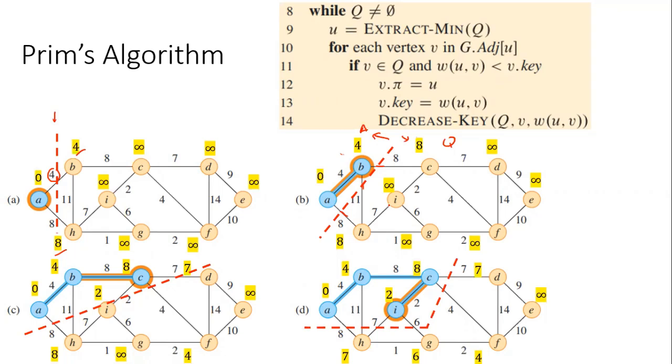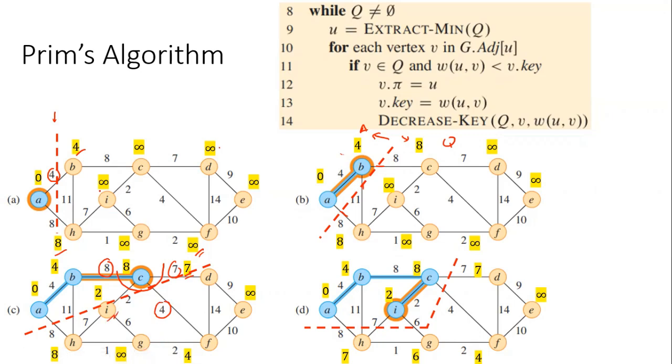Either one of them could have been picked, but in the example from the book, they've picked this particular edge to be the next edge. So we're now going to update its neighbors with the cost of the edges. This one becomes 7, from infinity, and this goes down from infinity to 4, which is the cost of the edge.